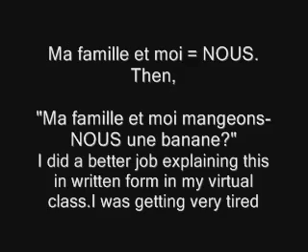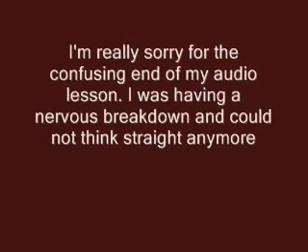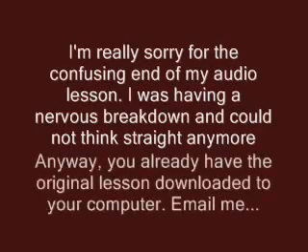Ma famille et moi, my family and I, do my family and I eat a banana? So, as you can see here, we simply need to add the actual name, then the verb, then dash t dash. It's a little bit complex here to explain on YouTube in only 10 minutes.